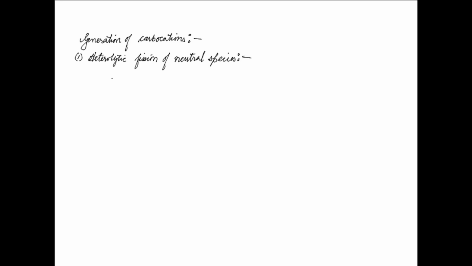Let us consider a molecule R-Y in which Y is the leaving group. In such a case, this molecule can undergo heterolytic fission to give a carbocation plus the leaving group Y minus.